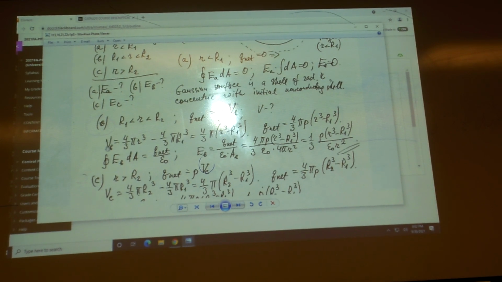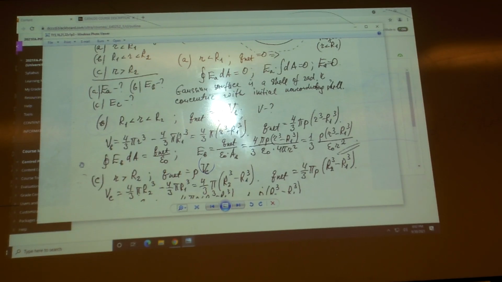So that is our volume. And B I wrote here just for part B, let's say, VB. So as soon as you know volume, we can find Q net. So we multiply by rho.